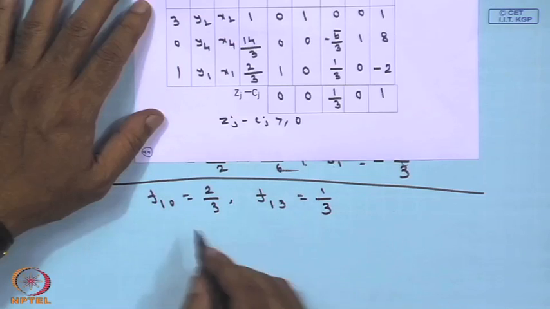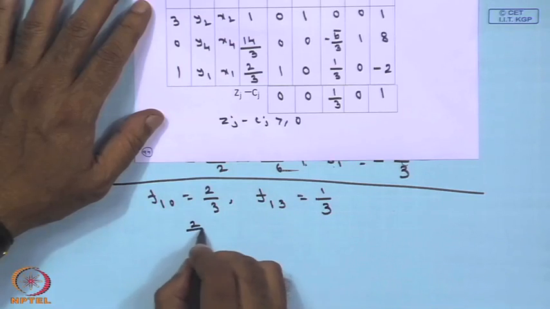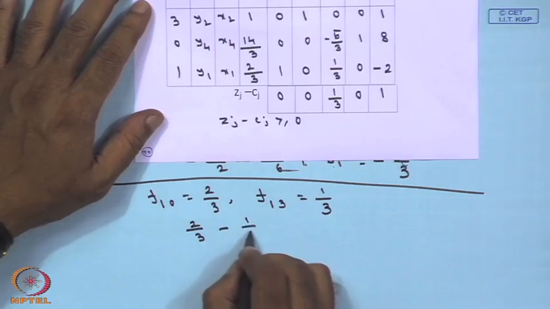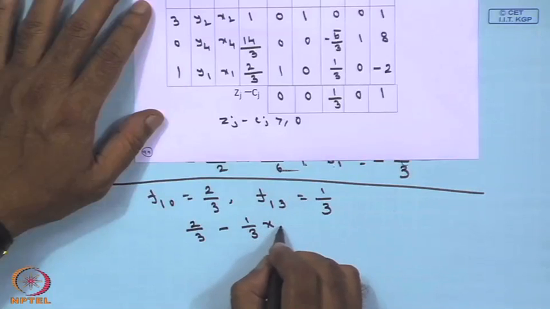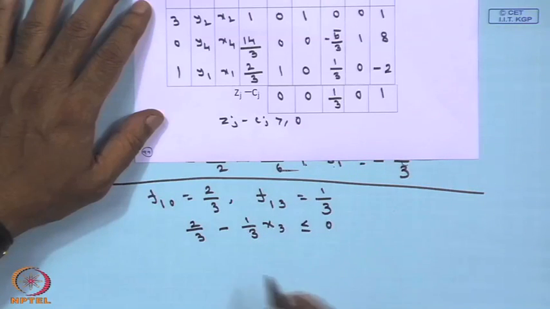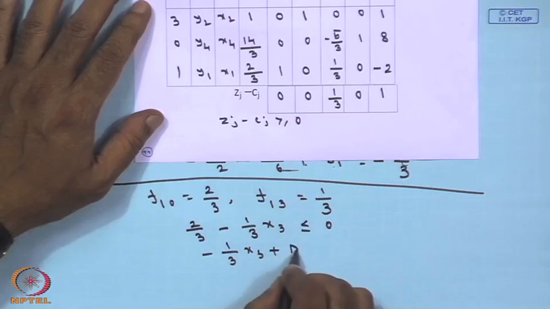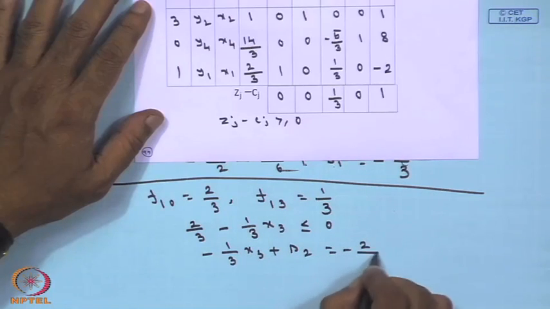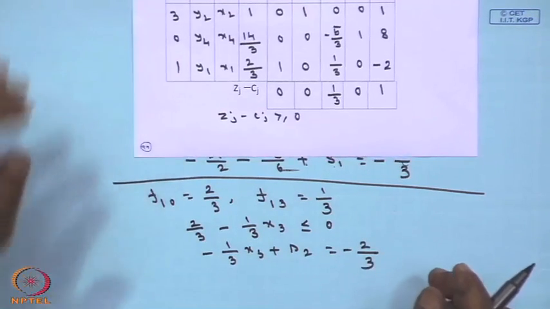So, you can write down 2/3 minus 1/3 x3 is less than or equal to 0, or minus 1/3 x3 plus s2 equals minus 2 by 3. So, you see the problem.